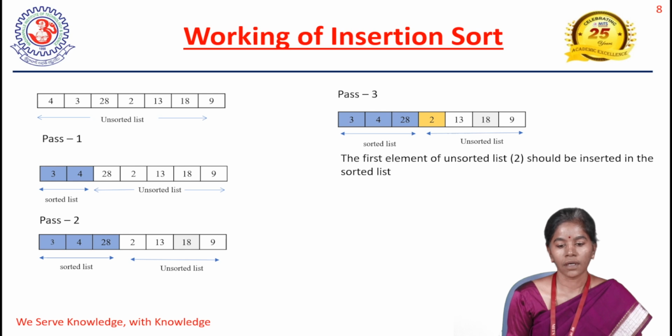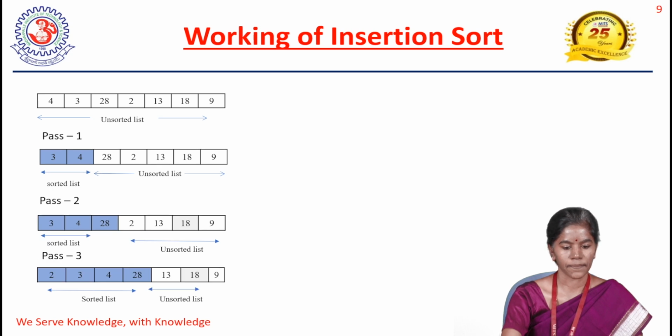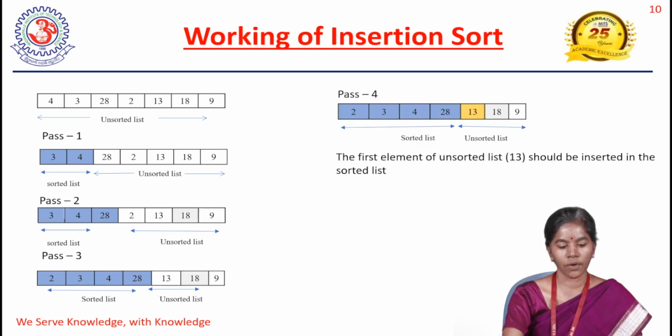Here the first element of the unsorted list is 2 and it has to be inserted into the sorted array. After pass 3, you can see that 2, 3, 4, 28 are sorted and the last 3 elements are the unsorted list.